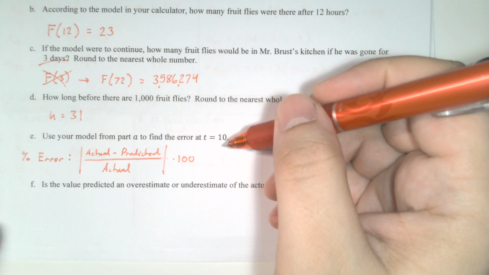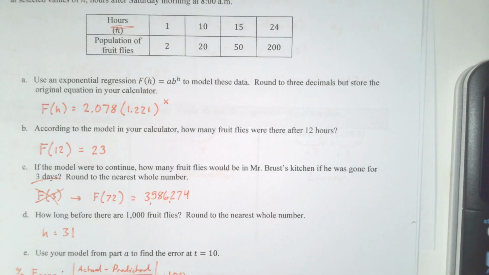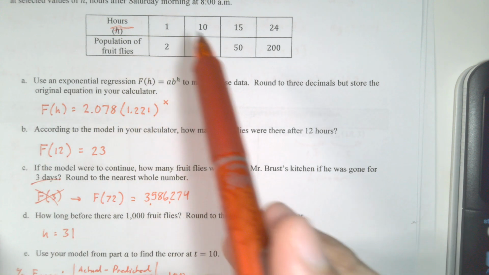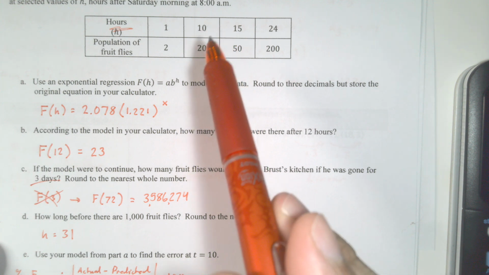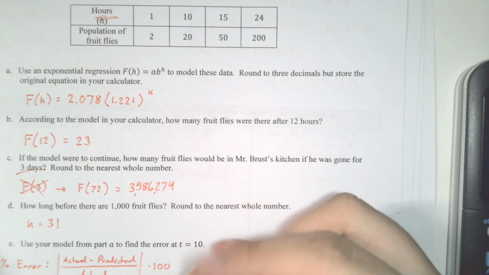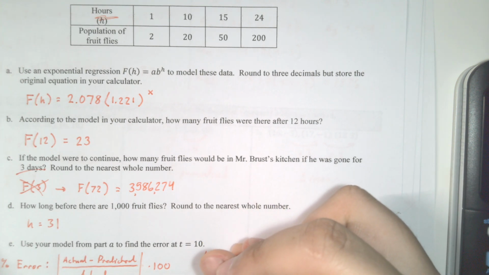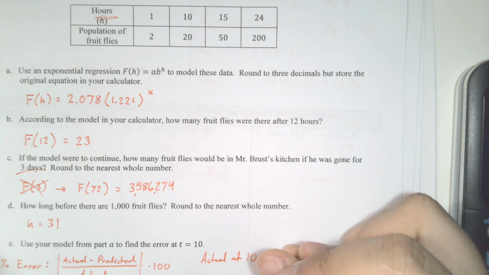So to model your error at t equals 10, we just need to look at our table. Our population at h equals 10 means that our actual value at 10 is equal to 20.